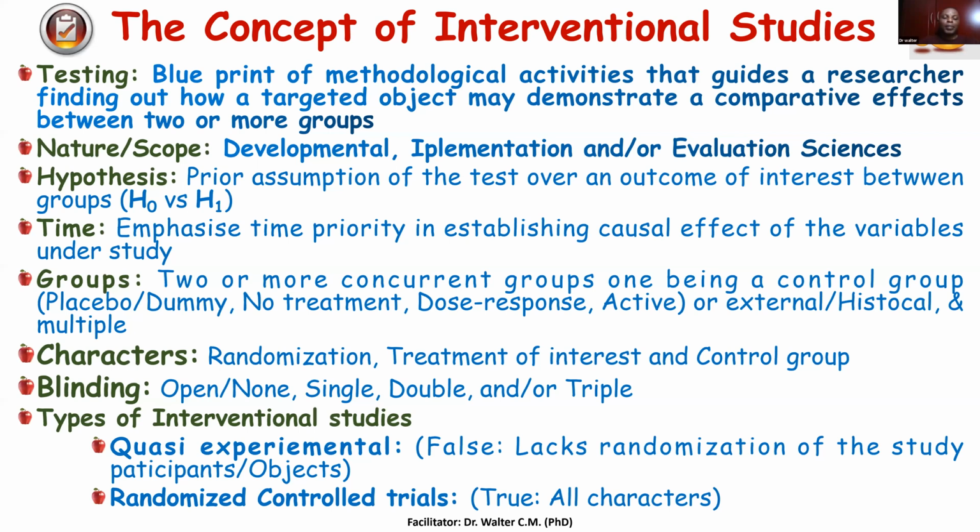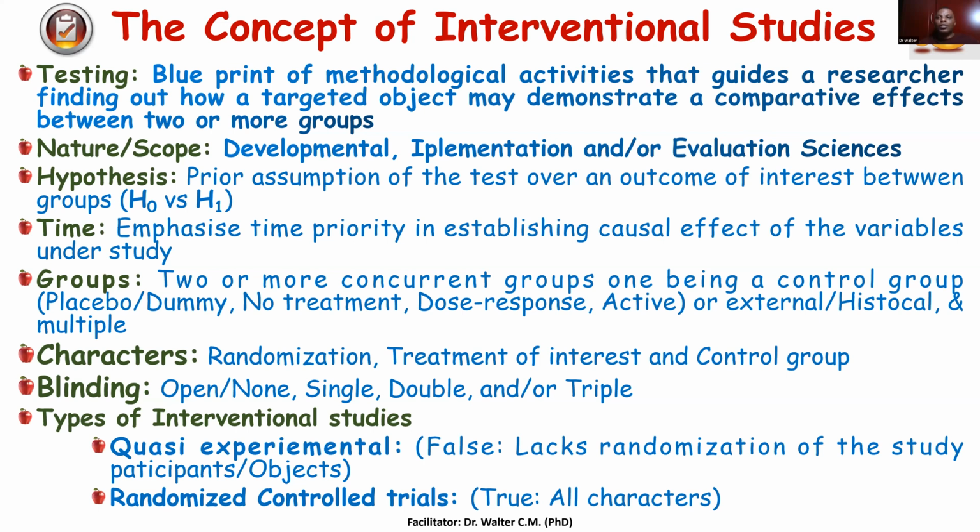They all know what is going to happen; everything is told to them and they are aware of it. And then we have single blinding, where maybe you blind only the participants, and the rest of the research team are aware of what is going on.